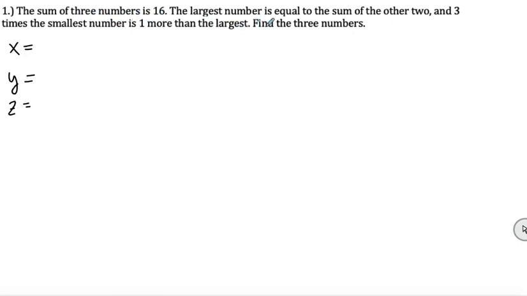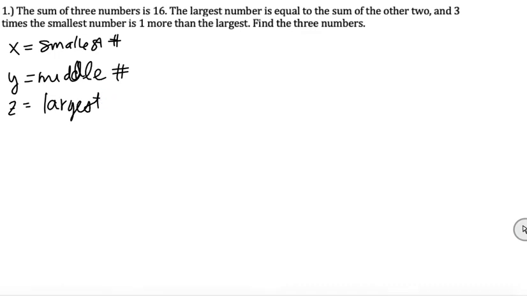Find the 3 numbers. So I'm going to say that x is the smallest number. Okay, y is going to be my middle number. Sorry, my slate is not writing very well. And z is going to be my largest number.